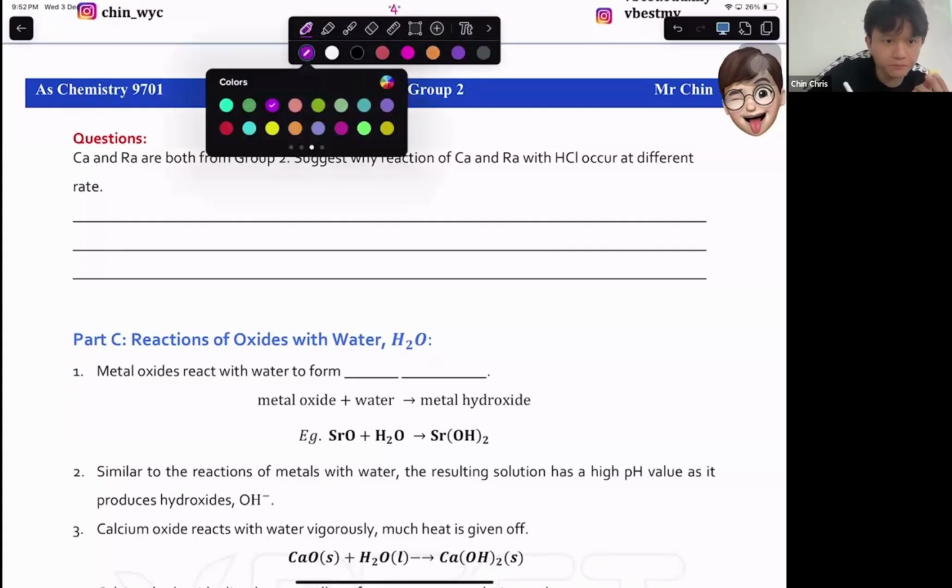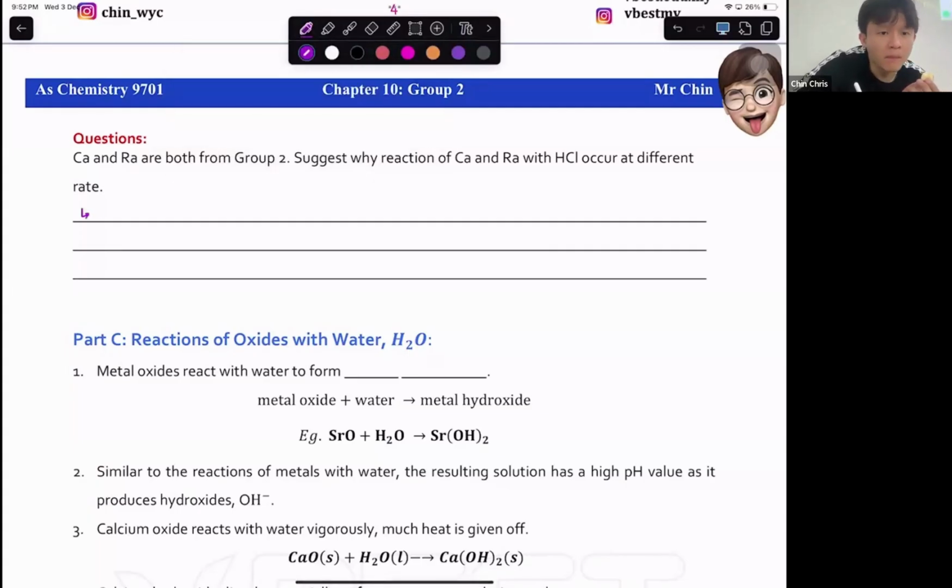Alright, so guys, well done. I can say that radium reacts more vigorously with HCl. Why? Because it has a greater atomic radius. It also has a greater shielding effect.